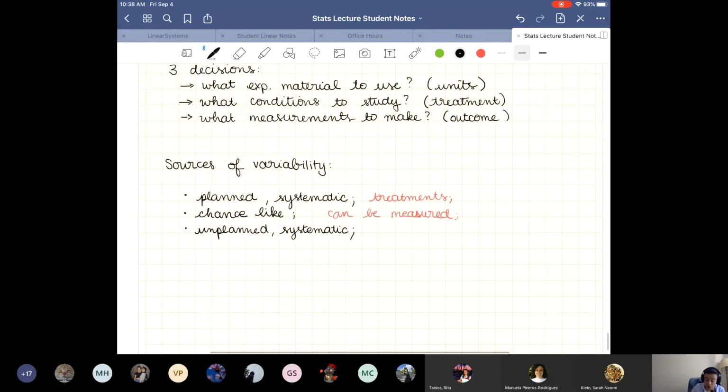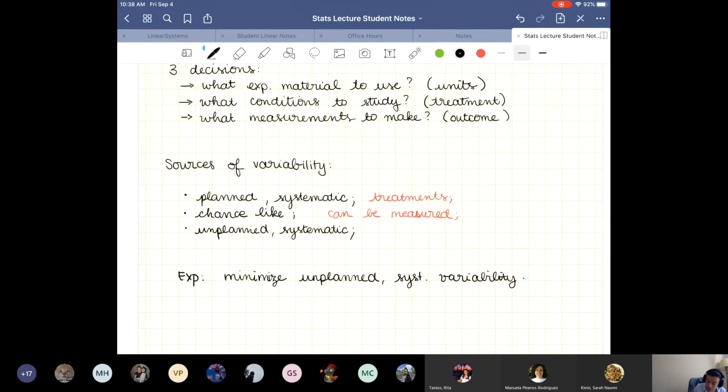So the whole point of experiments, so in experiments, what we want to do is minimize unplanned and systematic variability. Right?